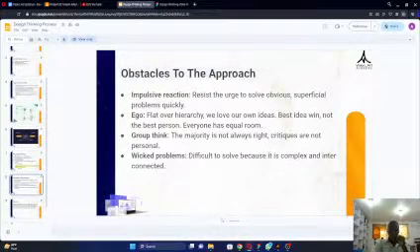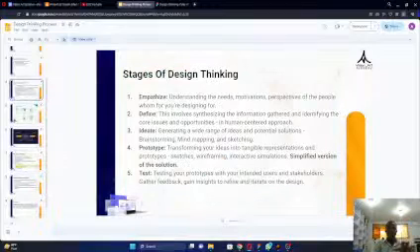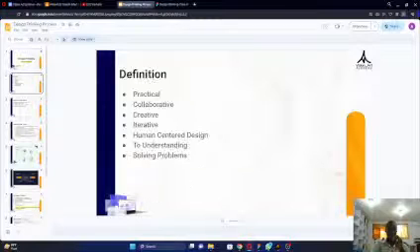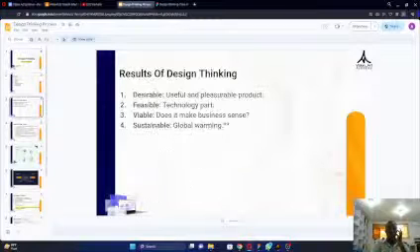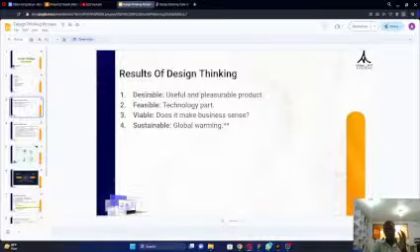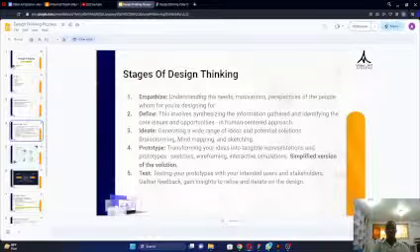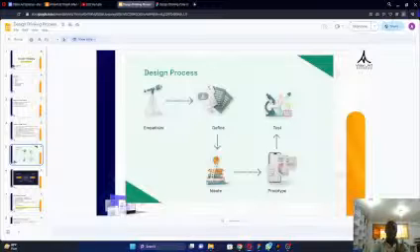Okay, so this is what we've been talking about today. We've been talking about design thinking, the definition of it, the results of design thinking, why you are conducting design thinking, the stages of design thinking: empathize, define, ideate, prototype, and testing, and the diagrammatic version, how it looks.